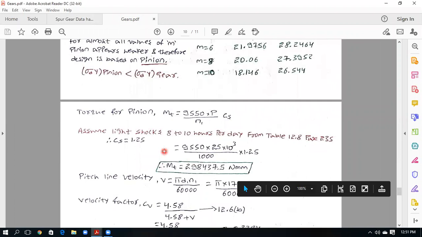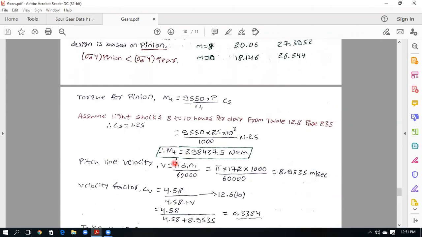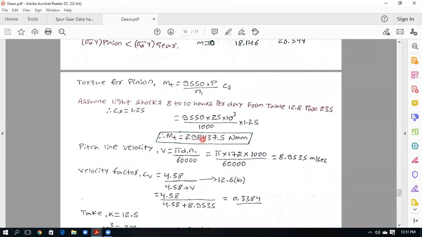After taking the service factor CS value, substitute that. From this you will get the torque for the pinion. Once you get the torque, next you need to find out the velocity. As we know, velocity is pi d n by 60,000. As the design is done for the pinion, I will note it down as D1 N1.